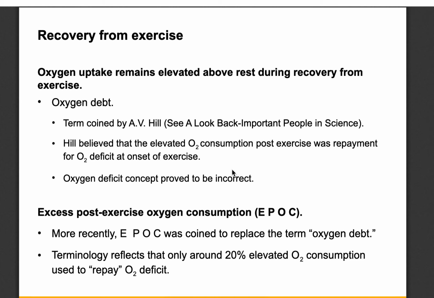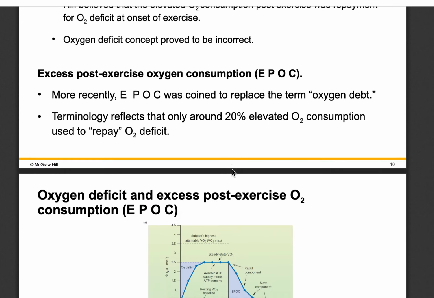They do mean slightly different things, but EPOC explains things a little better, because the oxygen debt, just the replacing of the oxygen that was not consumed early on, is only about 20% of the EPOC. Only about 20% of that oxygen consumed is actually needed to replace the oxygen from early on in exercise. And so 80% actually goes to other things.